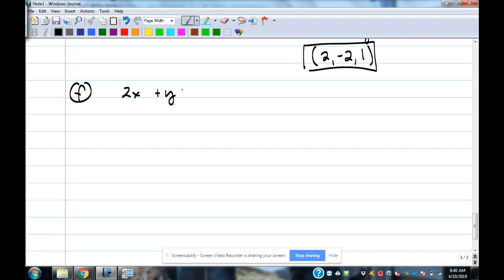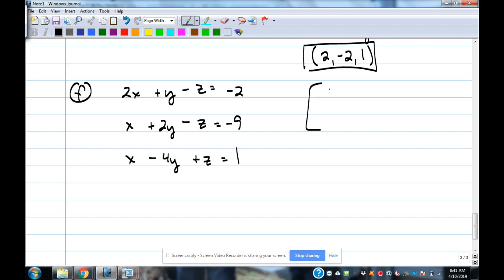2x plus y minus z equals -2. X plus 2y minus z equals -9. X minus 4y plus z equals 1. Again, 3 by 4.